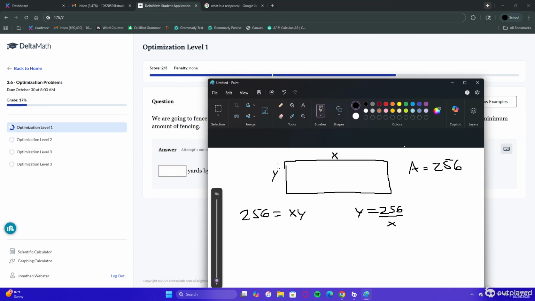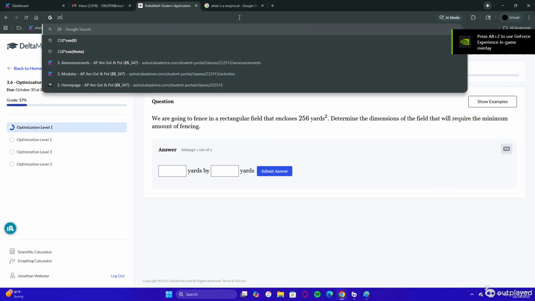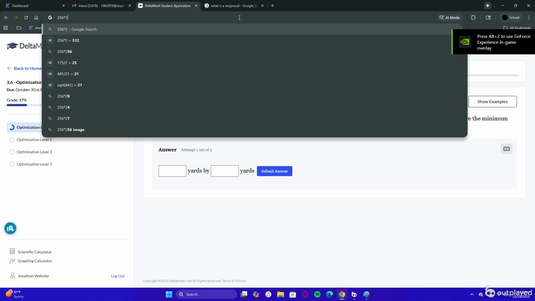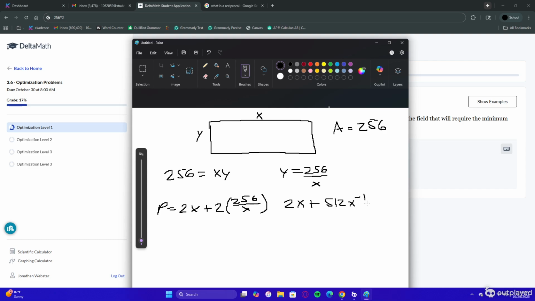So now remember that perimeter is 2y plus 2x, so here P equals 2x plus 2y, and that's 256 over x. Right, so now simplifying that out, you get 2x plus 512 x to the negative 1.